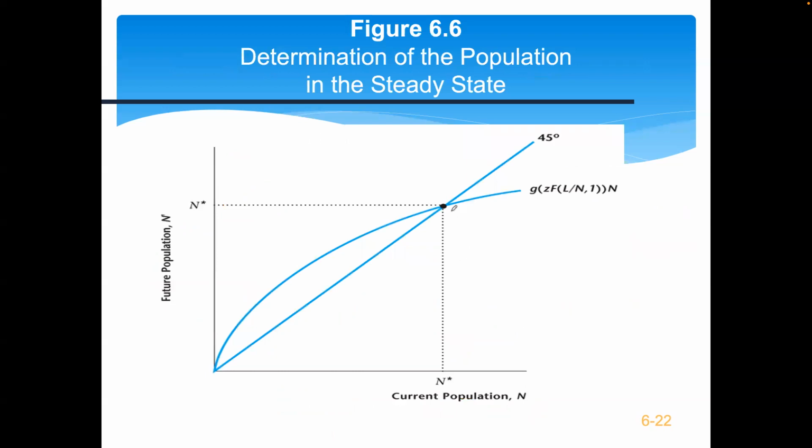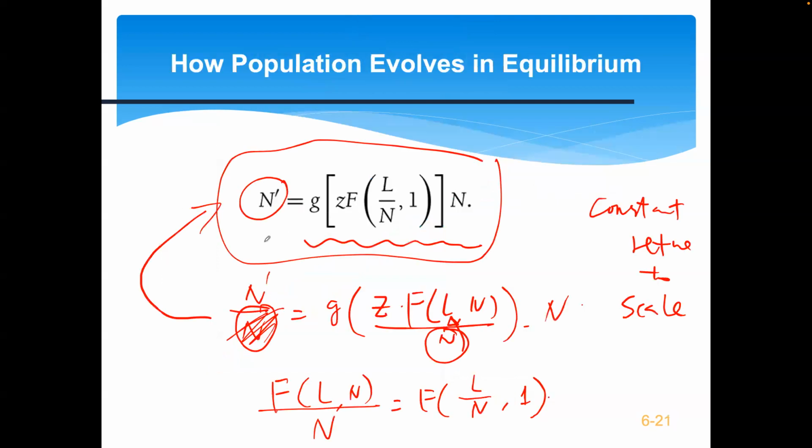This graph shows you what would happen in the long run. On the horizontal axis is N, and on the vertical axis is N prime. This comes from this equation. Let me copy and paste this equation to the next one.